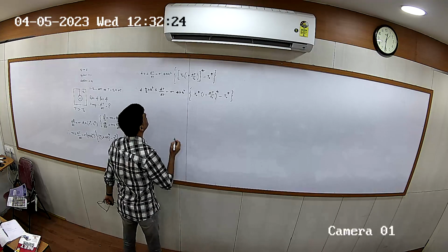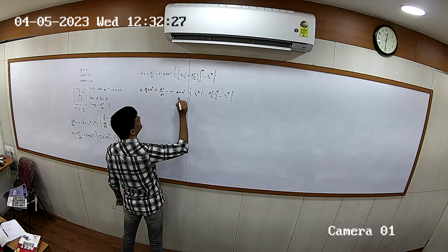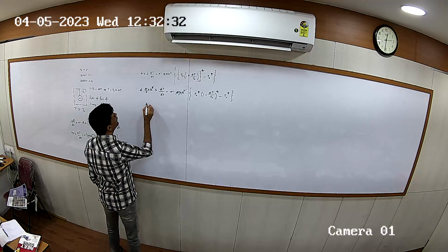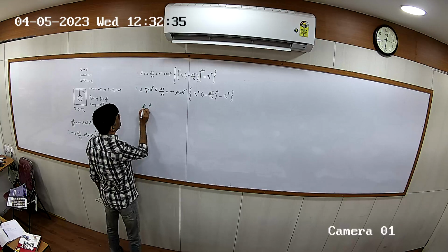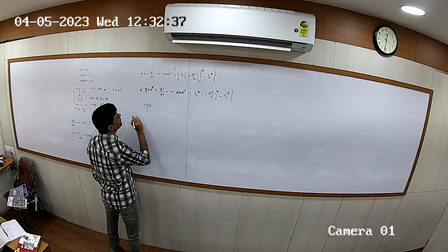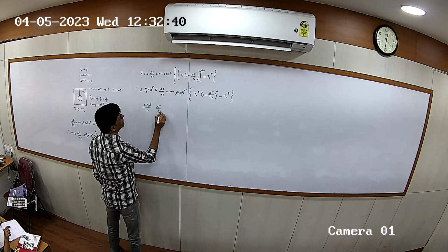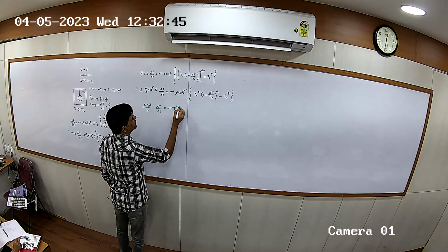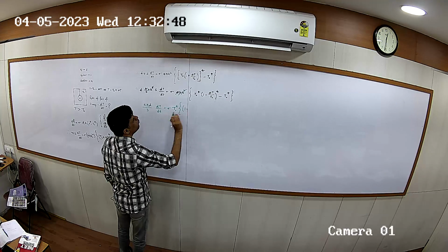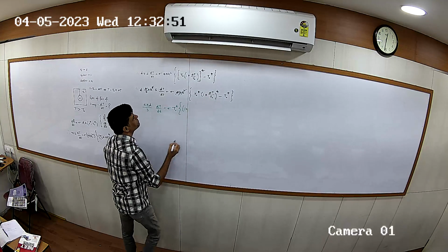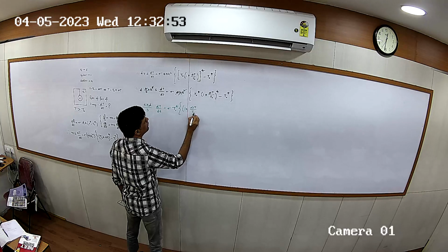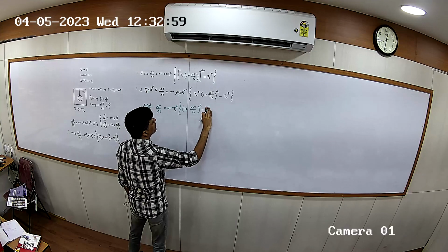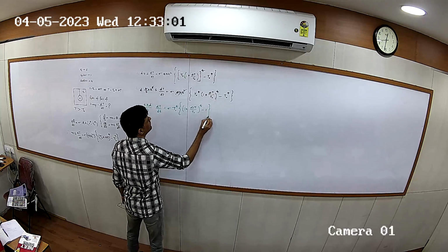One r square will also go. So here you are left with d s r by 3 d theta by dt, equal to sigma T naught raised to 4. I'll take common, check, plus delta T by T naught raised to 4 minus 1. You got that? Yes.